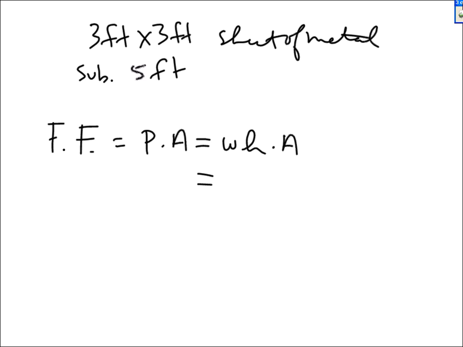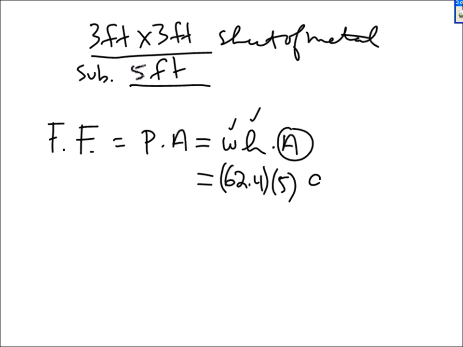Well, this is water, I said, and the density of the water is 62.4. The depth of the water, well, it's submerged 5 feet. Everything should be in feet. And the area, well, 3 feet by 3 feet. That's 9. Just multiply these three numbers and say that's not so bad.